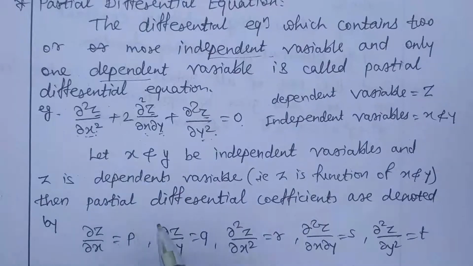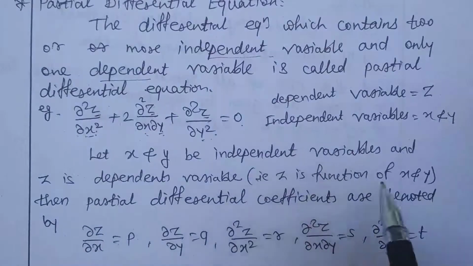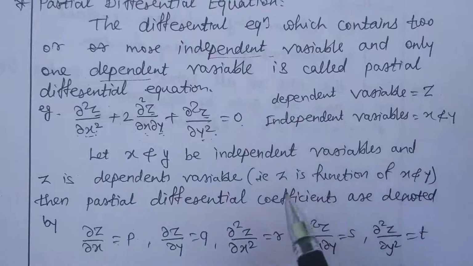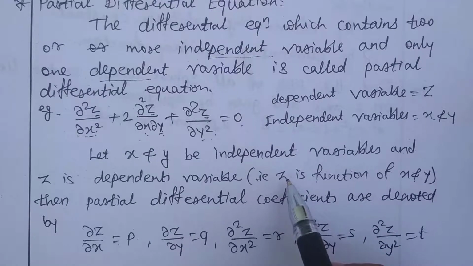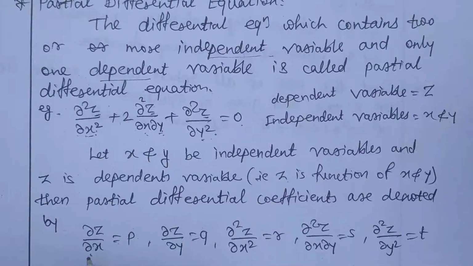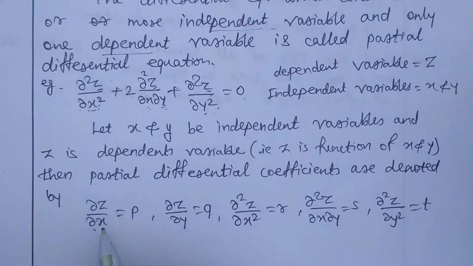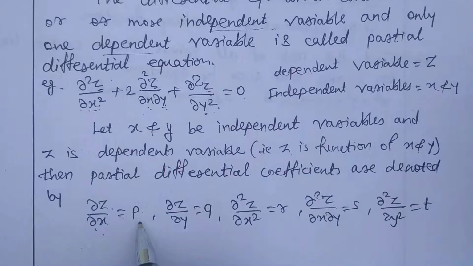Then the partial differential coefficients are denoted as follows. Since z is a function of x and y, we can differentiate z with respect to x or with respect to y. When we differentiate z with respect to x, we get ∂z/∂x, and we are going to use the notation p for it.